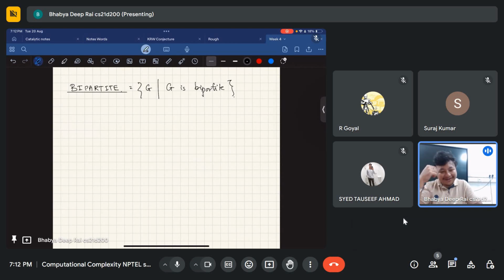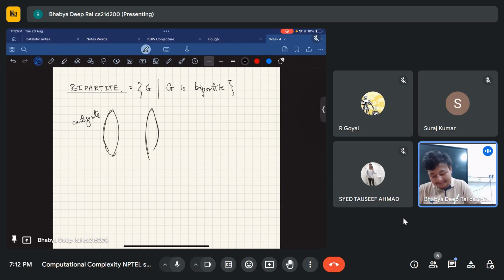Oh, okay. So Suraj, your certificate is two sets of vertices that don't have any edges across them. Right? Yes. Okay, so let's see.